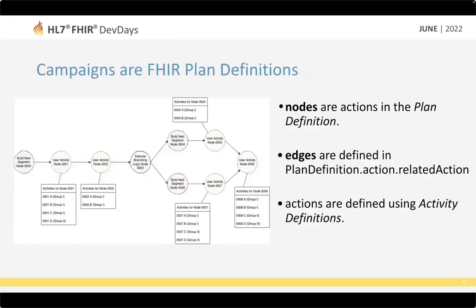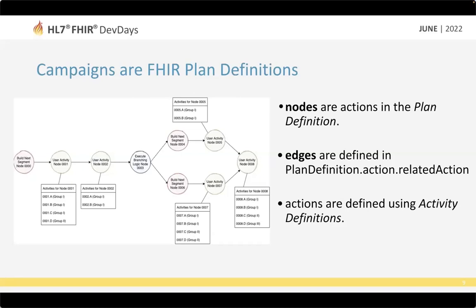So it turns out that campaigns can be modeled as FHIR plan definitions pretty neatly. For one, actions within the plan definition can be used to describe nodes within our directed graph. We can use sub-actions within the plan definition actions to define the list of choices we have of the different activities that we can present the user.